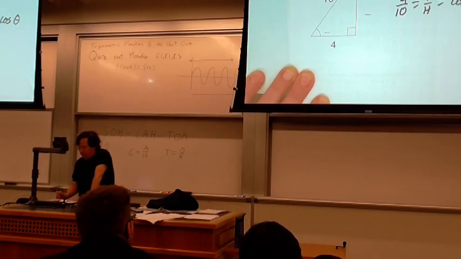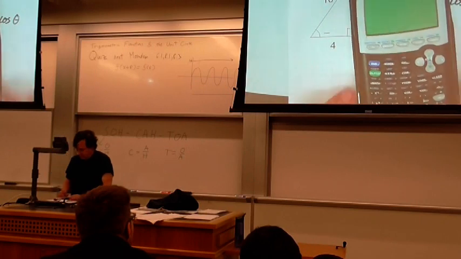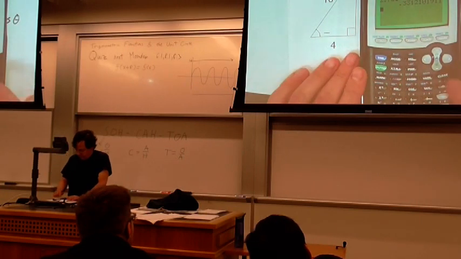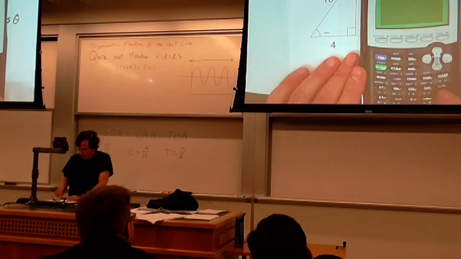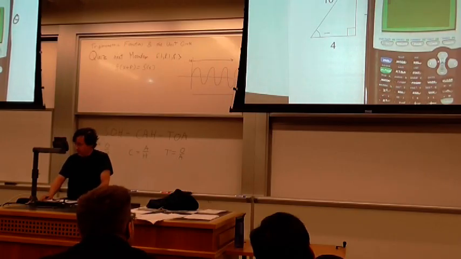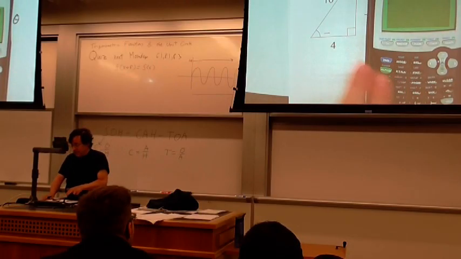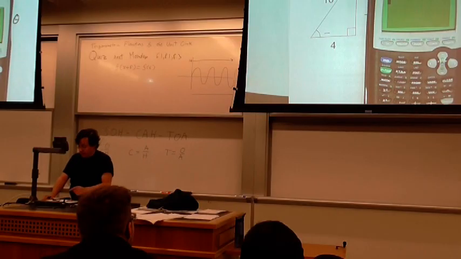Well, for now, you can go back to your calculator, right, and enter 4 over 10, that's no surprise. Before we find the inverse function here, we're going to find the inverse cosine. We want to check something. If you don't have a TI calculator, I don't know how you do this on your calculator.